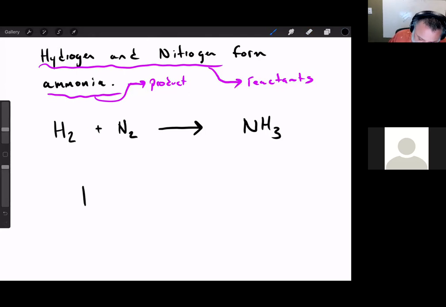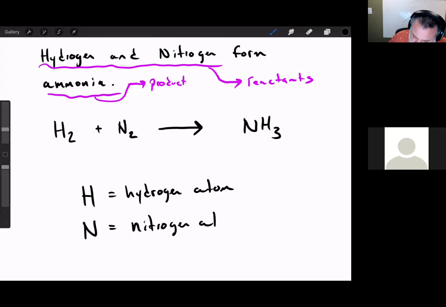Remember, if I want this, then I'll say hydrogen atom. If I want this, I'll say nitrogen atom. Because in our nomenclature now, the words hydrogen and nitrogen refer to their natural formulas and states.